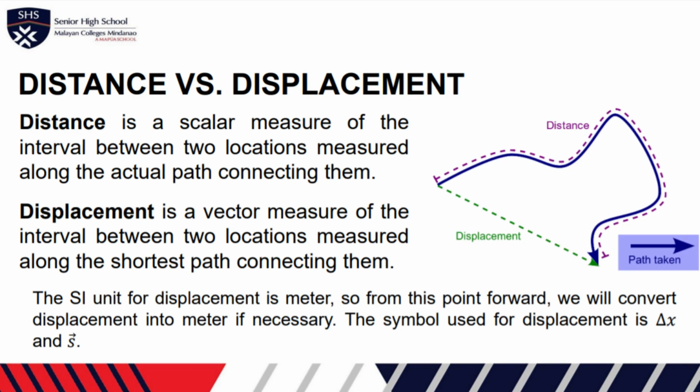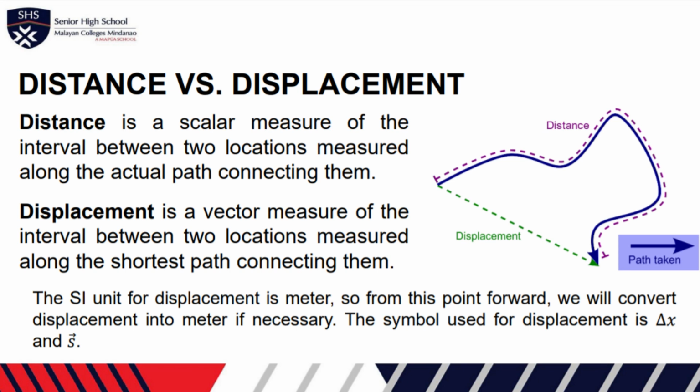Now, again, let us remember the difference between distance versus displacement. When we say distance, it is only a scalar measurement of the interval between two locations measured along the actual path connecting them, because there is no direction at all considered in distance.